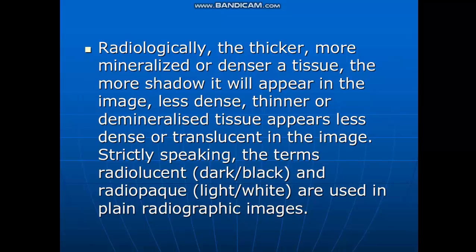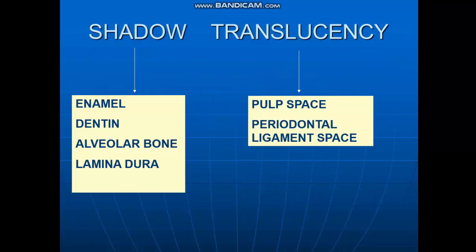Strictly speaking, the terms radiolucent, dark or black, and radio-opaque, light or white, are used in plain radiographic images. That is, shadow or radio-opaque are white areas, and translucent or radiolucent are dark or black points on the radiograph.